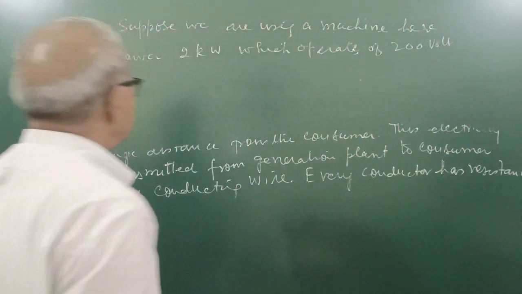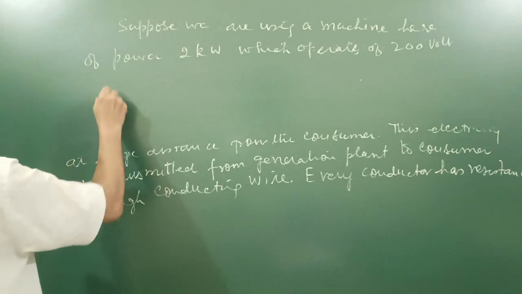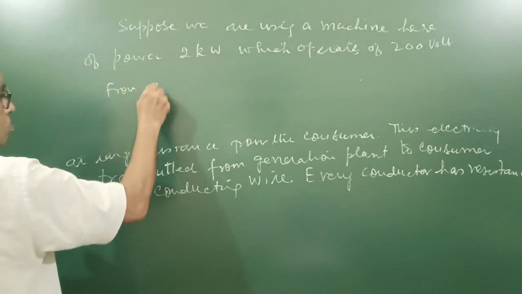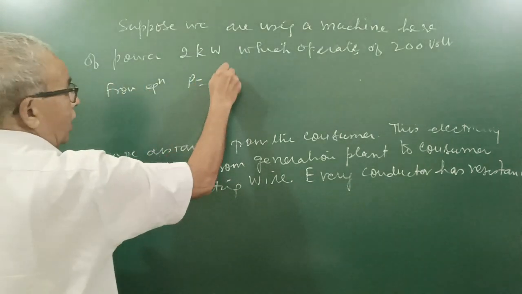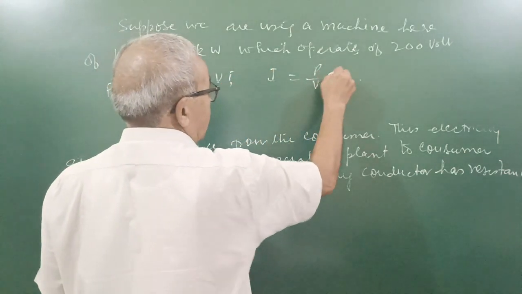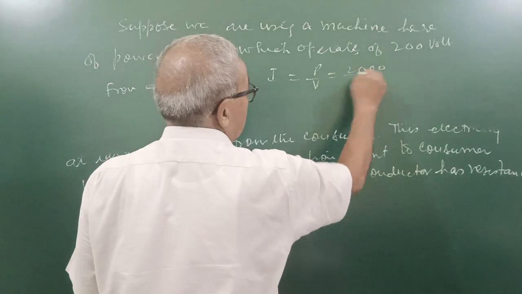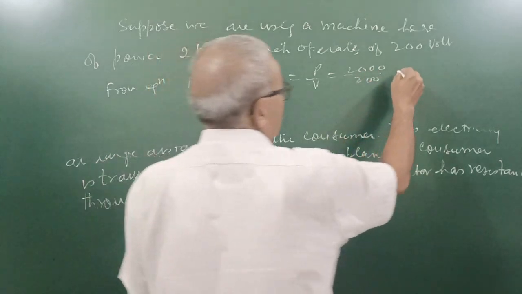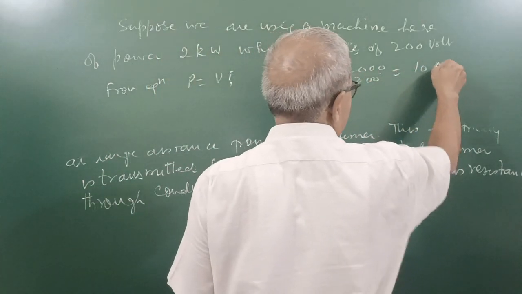Then from the equation power equal to VI, I equal to P upon V, 2000 upon 200. So we need 10 ampere current.